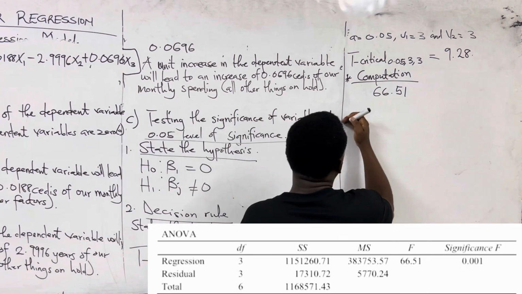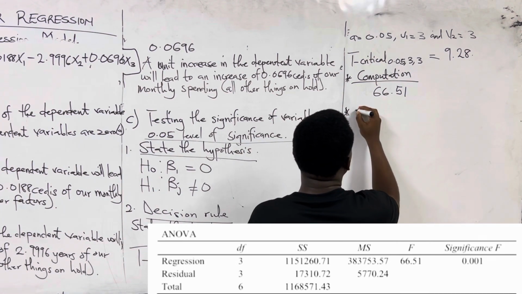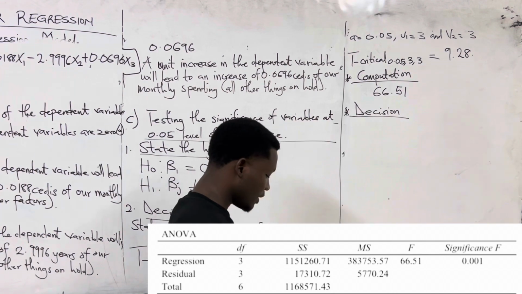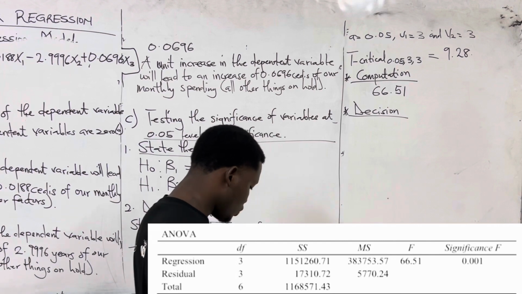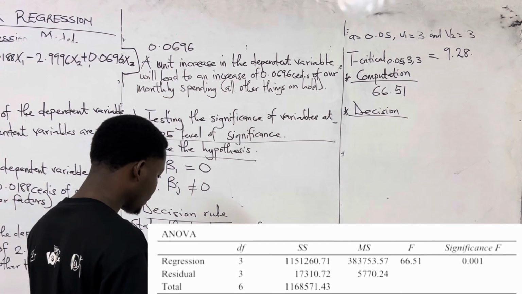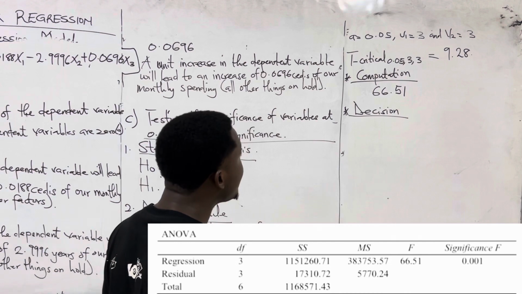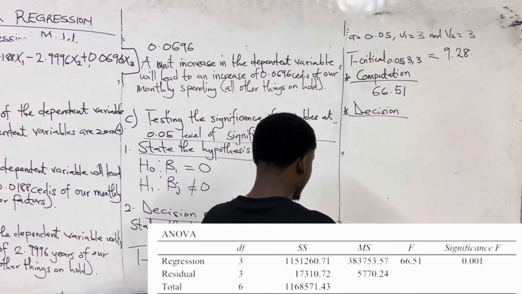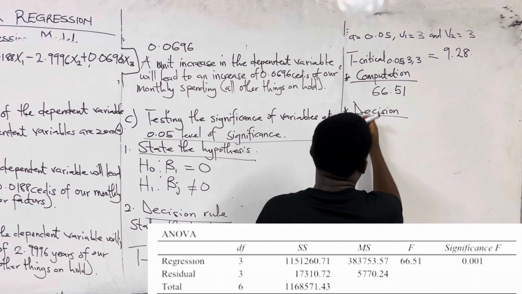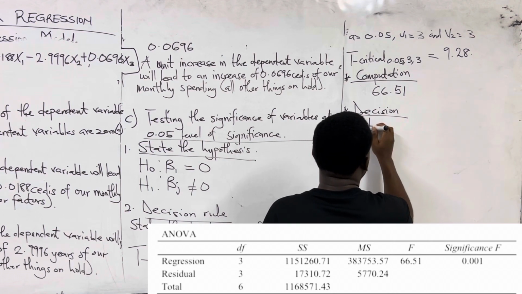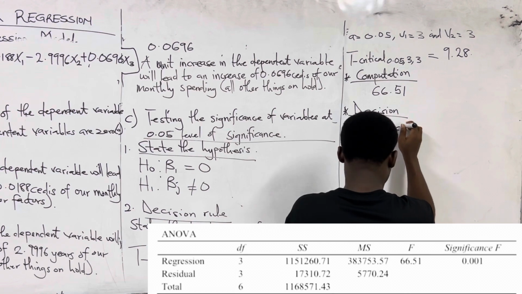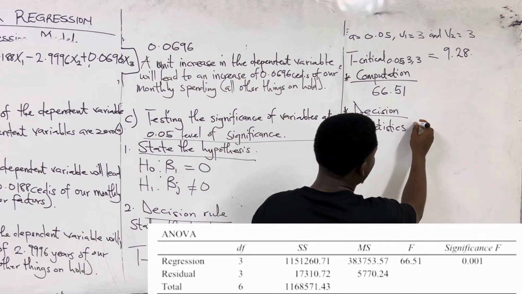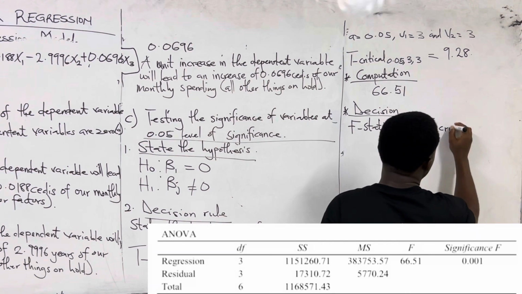Now, the fourth thing that we have to do is to make a decision. We are still testing. What we have to do is check our F statistics and the T critical value. When you check, you see that our F statistics is greater than our T critical value.